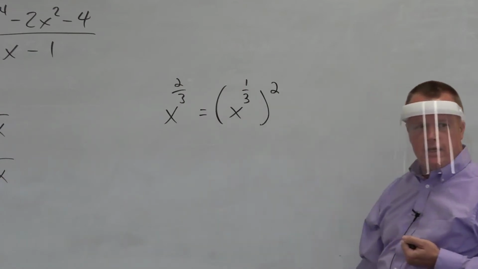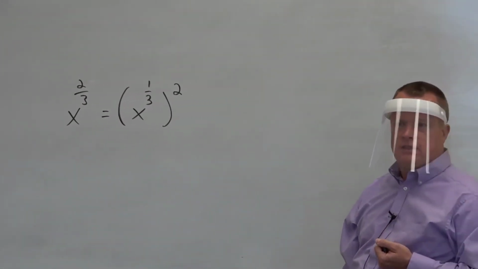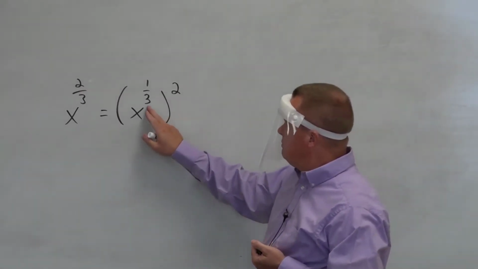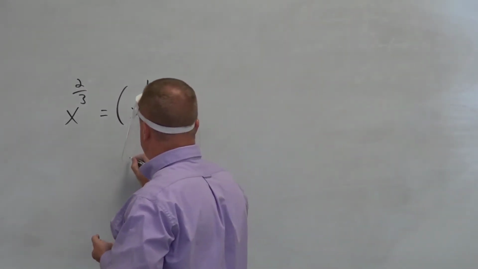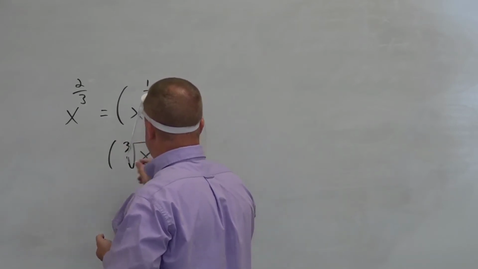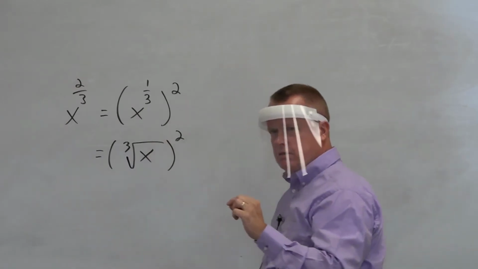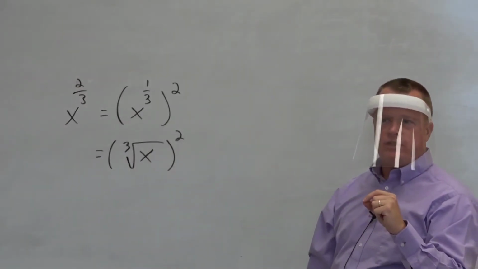Well, is it the same thing as that? Is that the same thing? All right, so I've got cube root of x squared. All right, so the top number is an exponent. Bottom number is the type of root that you've got.